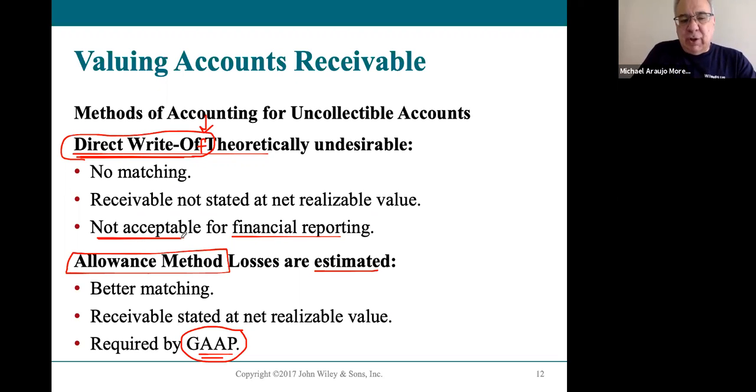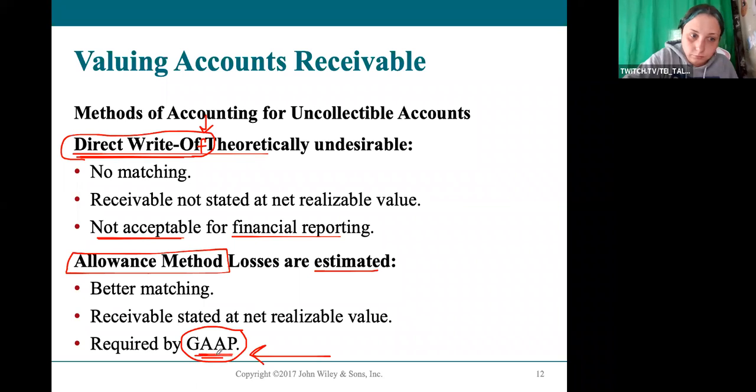So you can't use a direct write-off method if you're a public corporation. If you're public, you have to use GAAP. GAAP, remember, is generally accepted accounting principles. We learned about that in chapter 2.